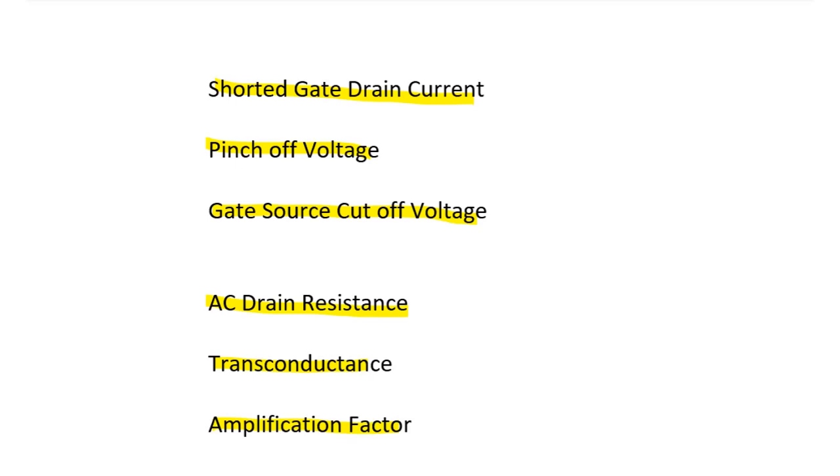The shorted gate drain current is denoted by IDSS, and the pinch off voltage we denote by VP, and the gate source cutoff voltage is VGS for gate source. Now in order to denote the cutoff voltage, we will write down the off here.